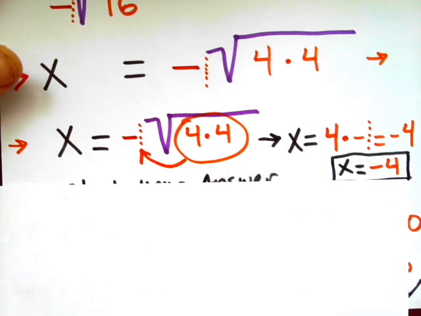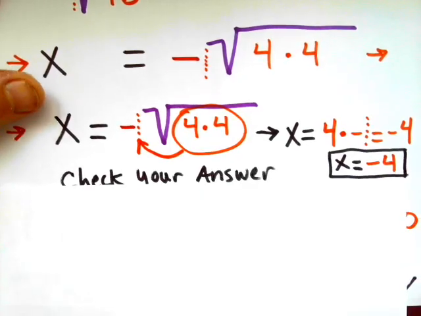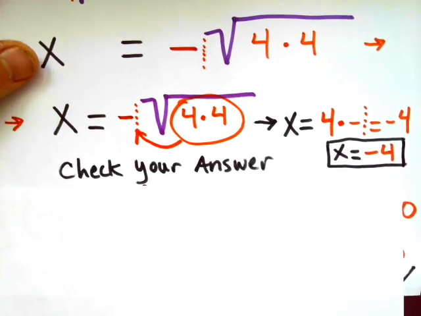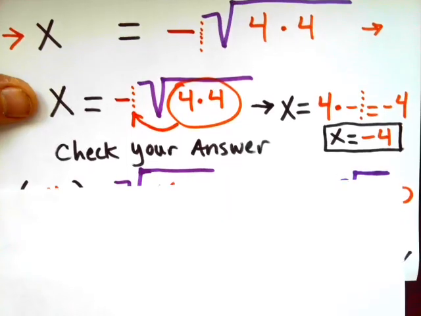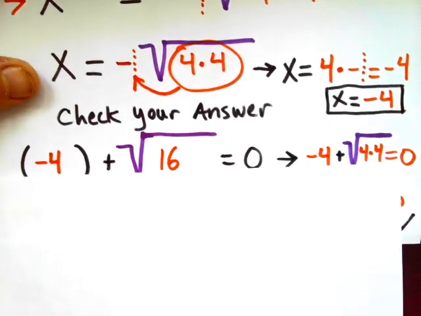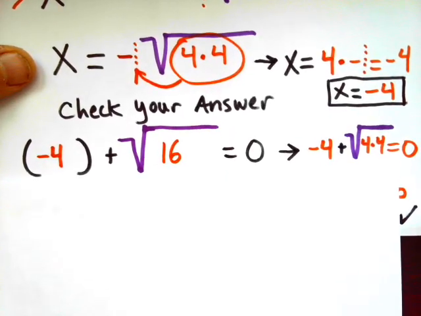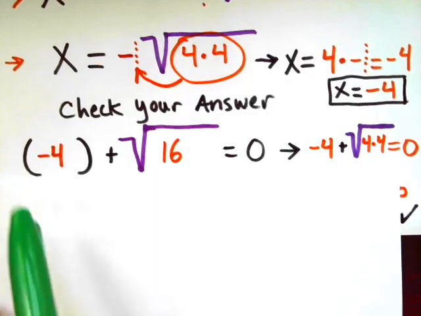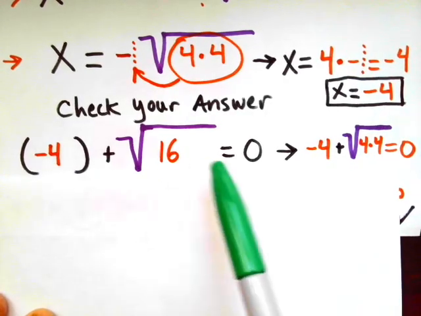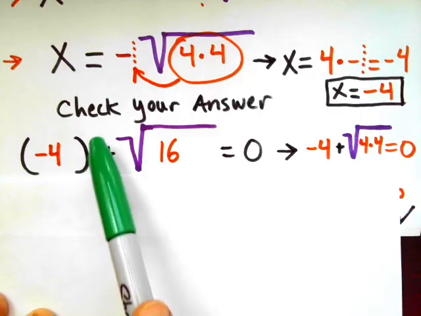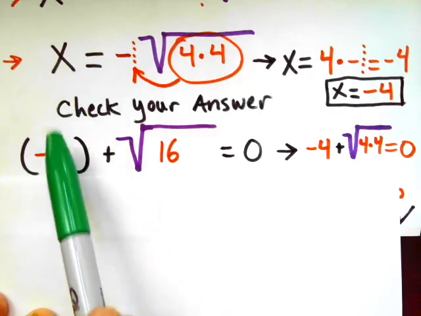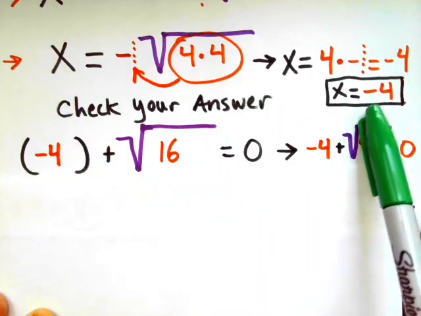Hey, I want to check my answer. So we're going to do that now in these last few steps. You write down that original problem. In that original problem, it was x plus the square root of 16 equals 0. Everywhere I saw x, I can substitute what I think is the answer.